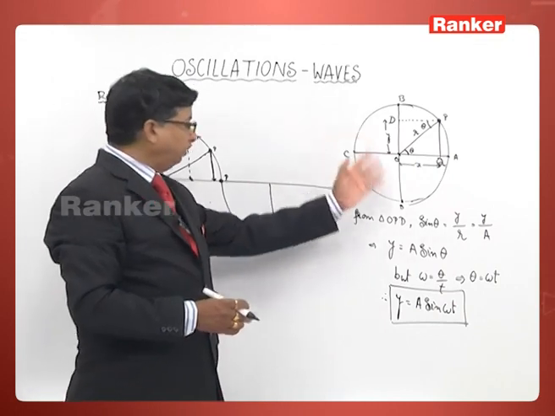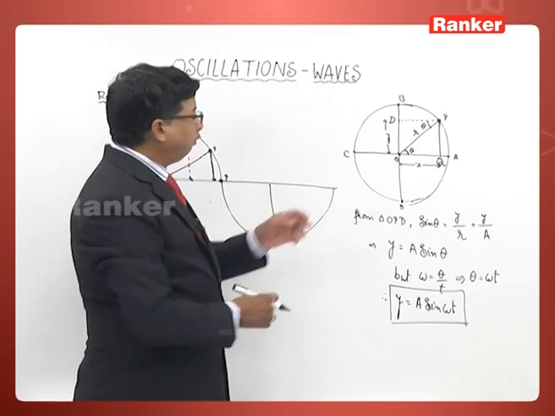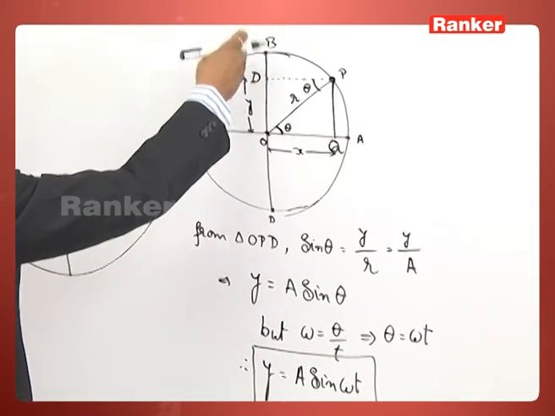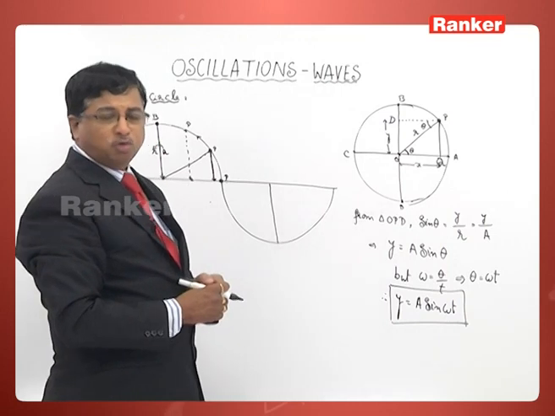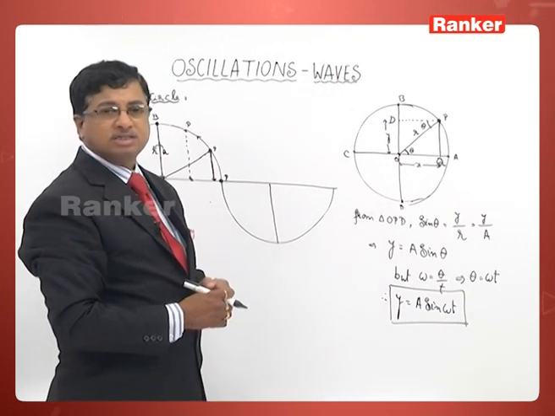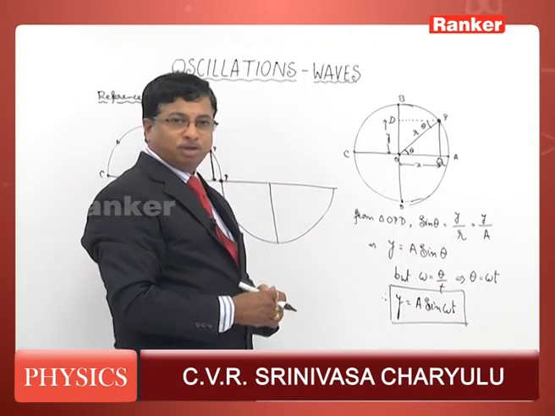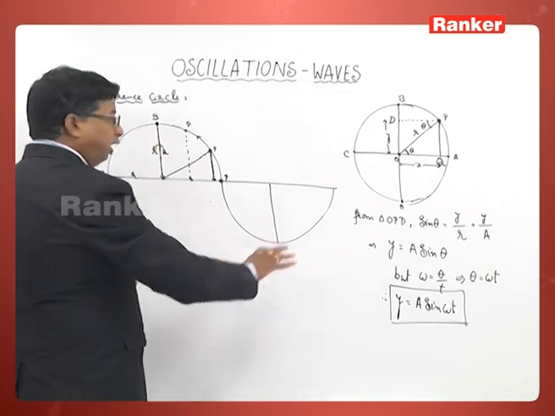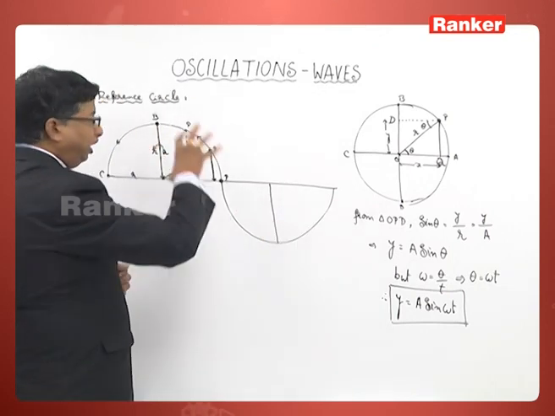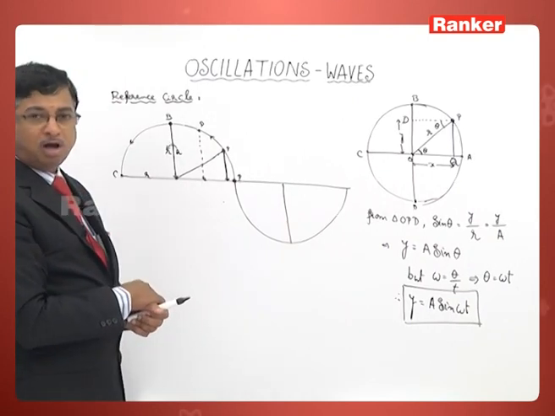This is actually the equation by means of which the displacement along a particular axis of that particle P, when it is moving along the circumference of the circle of radius r, can be calculated this way. By considering this equation, let us now develop different other equations related to the concept of simple harmonic motion.